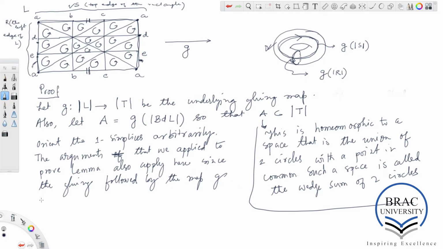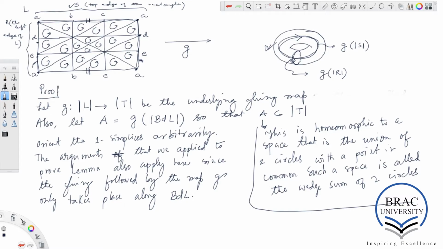Map G only takes place along BDL. Okay, so I need to draw a picture here.